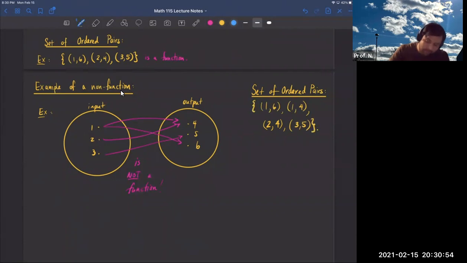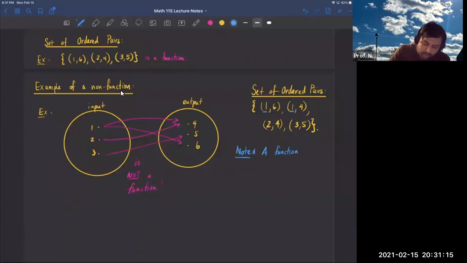Now I'm just going to make this very clear. The note is that the problem is not that the y values repeat. The problem is that the x values repeat. The inputs repeat.